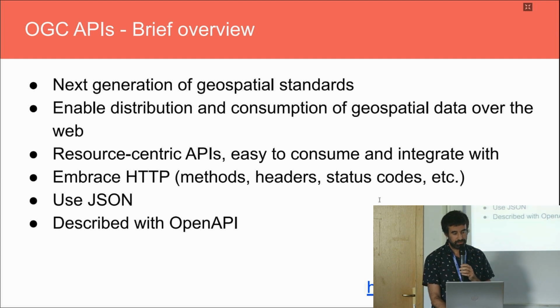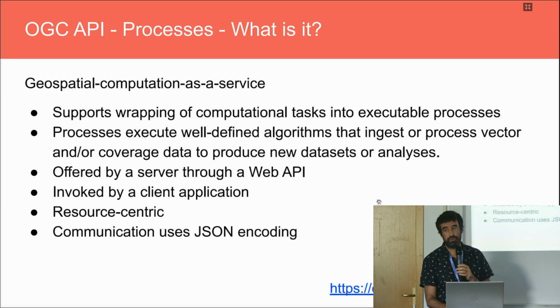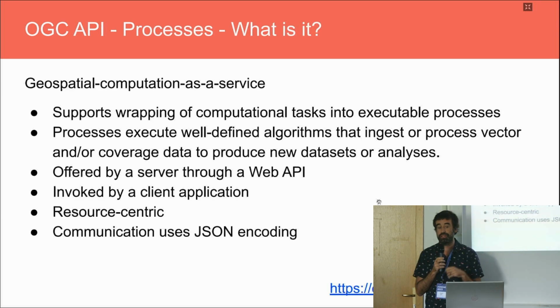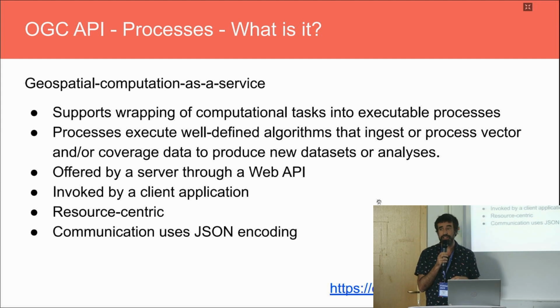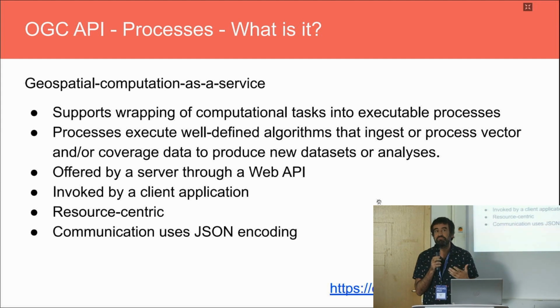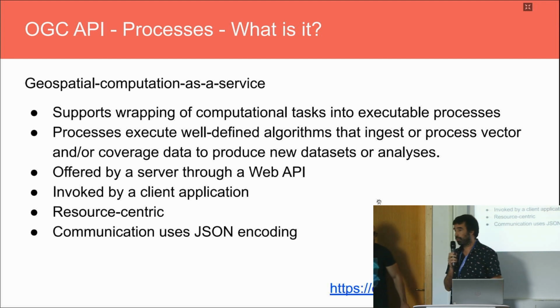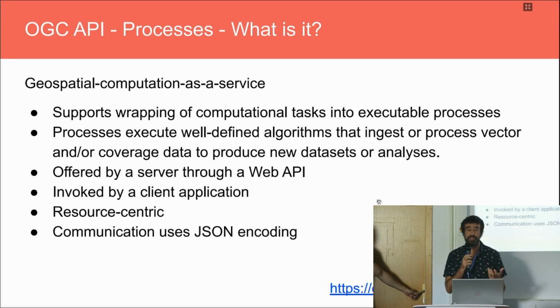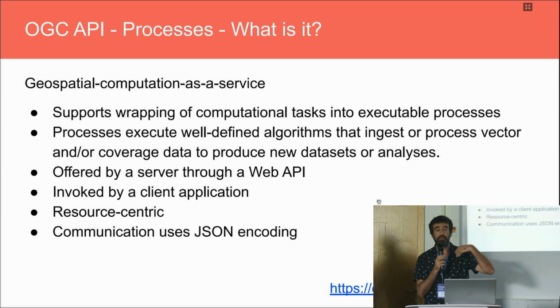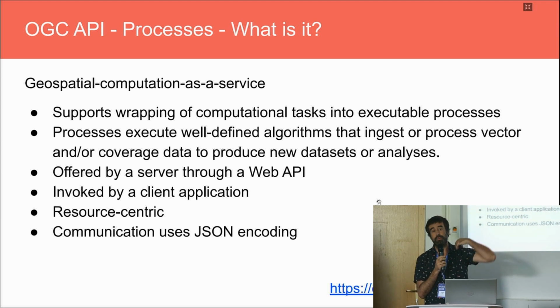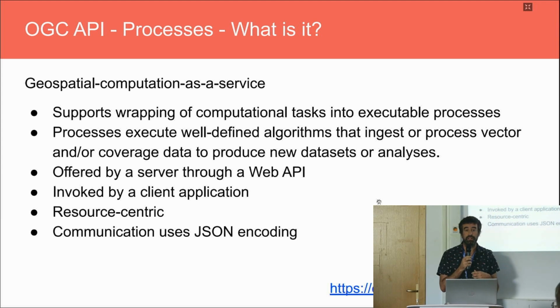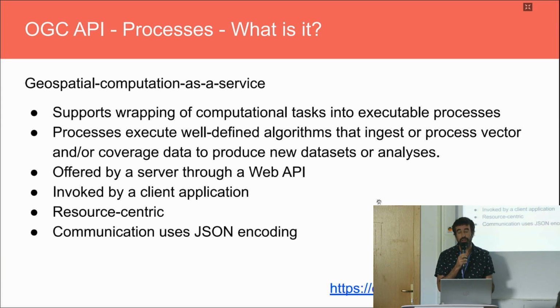There are a number of OGC APIs. We are now focusing on OGC API Processes, which is basically a way to offer geospatial computation as a service. The idea is that a server can offer a number of processes that are available to be called over the web by a client, and these take some input and generate some output.